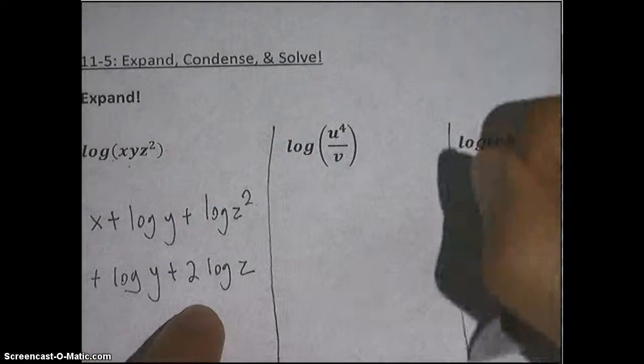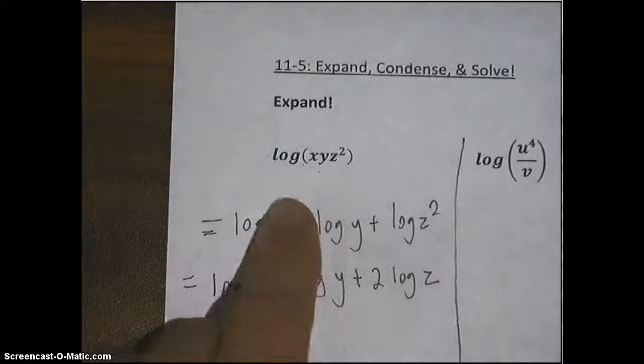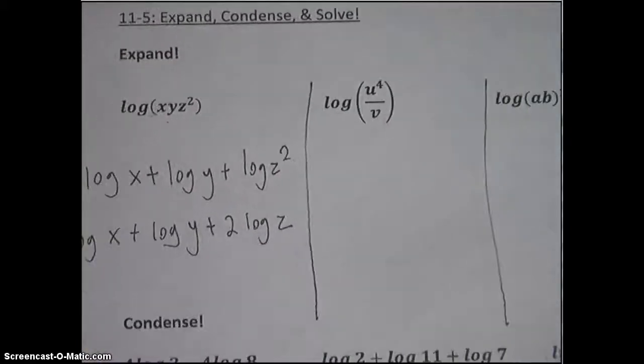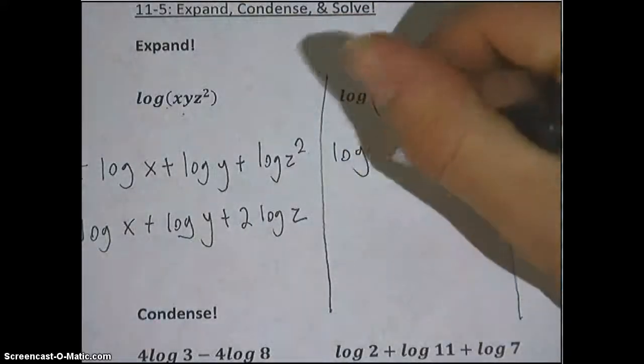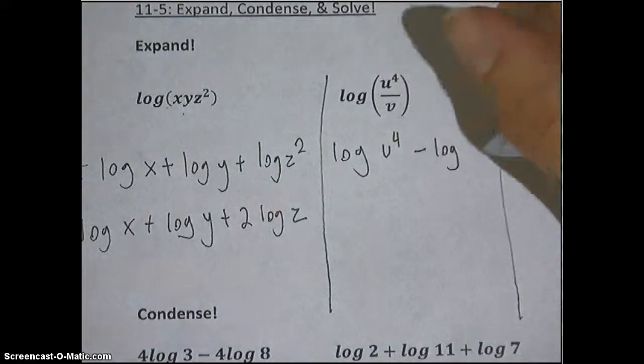On this one, I've got log of u to the 4th power divided by v. Well, just like multiplication turns into addition, division turns into subtraction. So I can rewrite this as log of u to the 4th minus log of v.